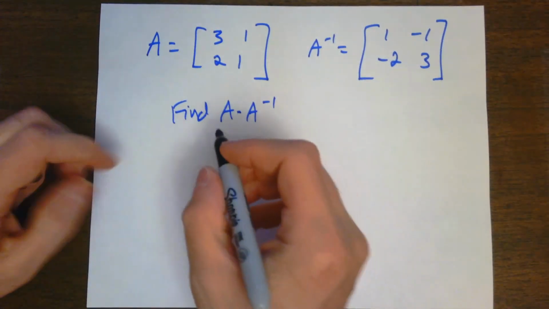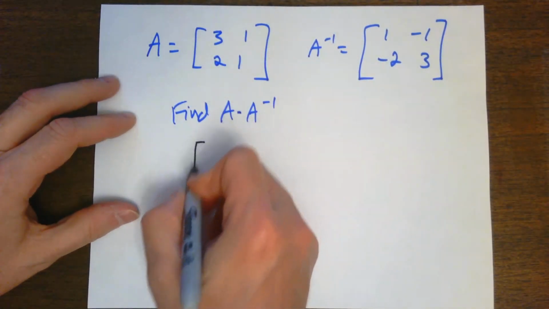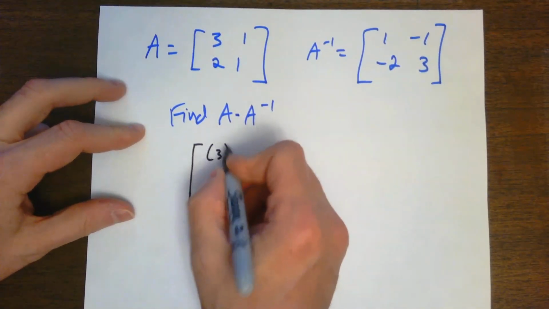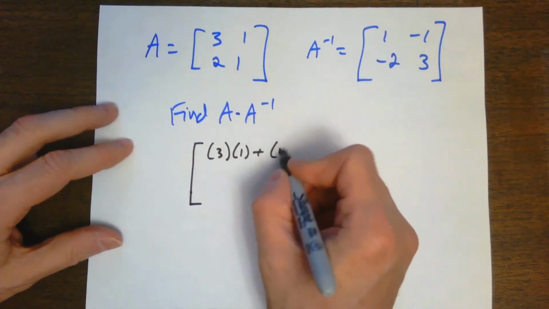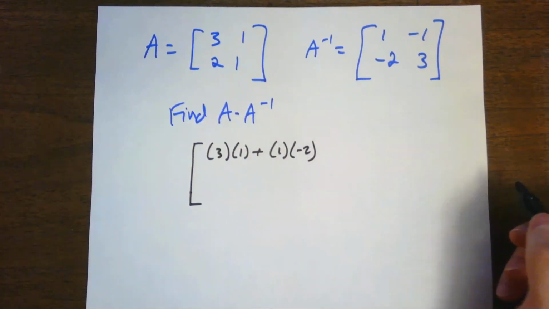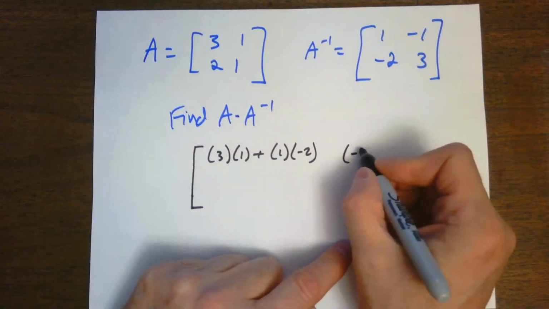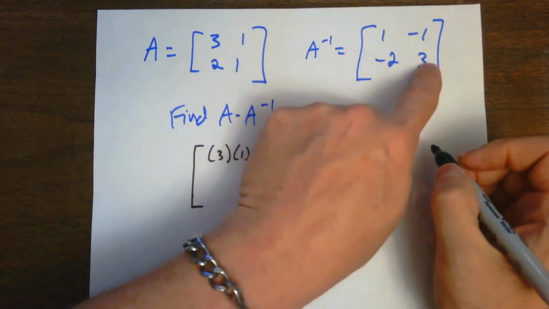We're going to multiply the matrix times its inverse together and see what happens. All right, here we go. So first row times first column, 3 times 1 plus 1 times negative 2. First row, second column, 3 times negative 1 plus 1 times 3.